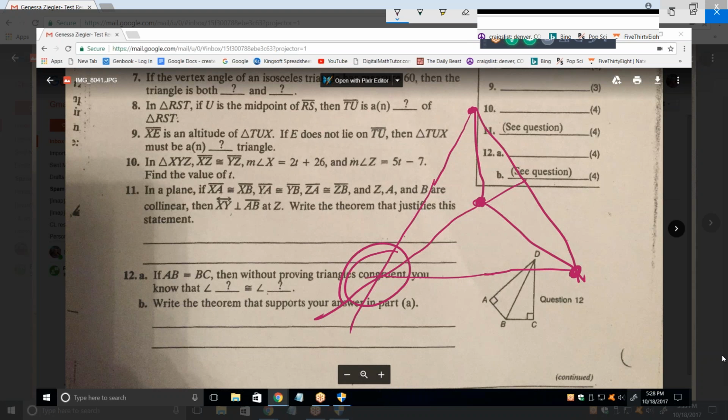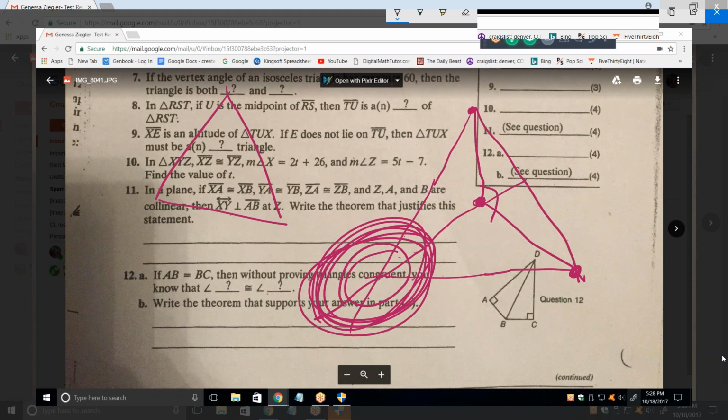Your medians always intersect, your angle bisectors always intersect, and your altitudes always intersect, even though the altitudes sometimes intersect outside the triangle, like in this case here, because it's an obtuse triangle. If I draw an acute triangle like this, then all of the altitudes intersect inside the triangle.